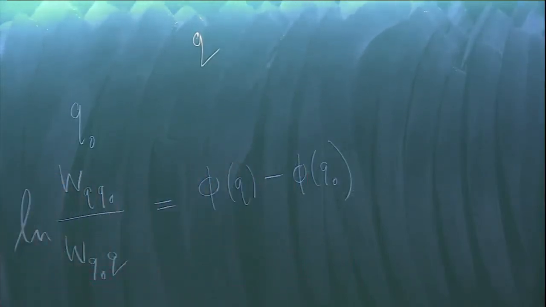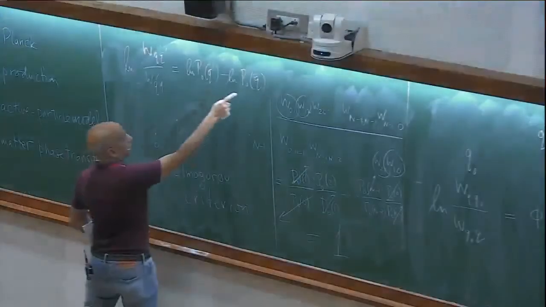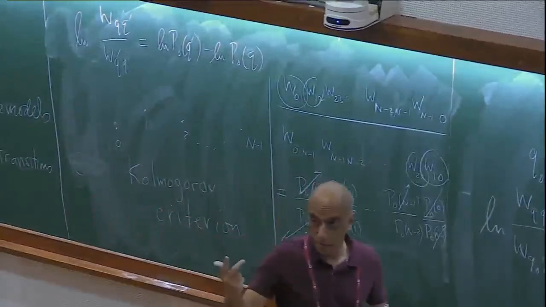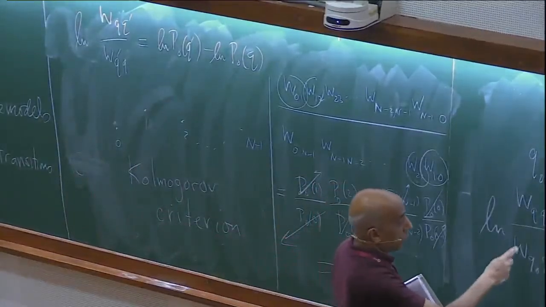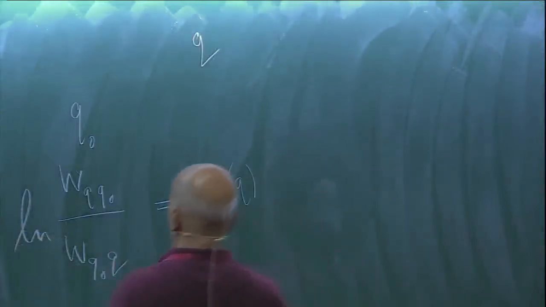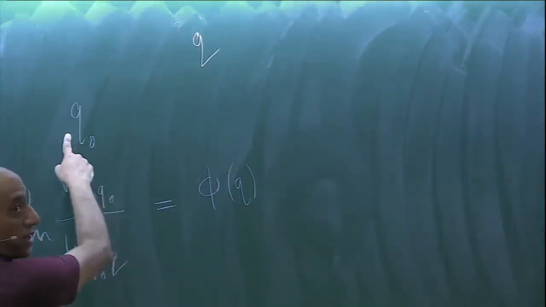Remember, we said that this ratio has to have this property. We don't know P0, but we know the W's. So I'm going to set phi of Q0 to 0. I'll just pick some Q0 as my starting point, my reference.